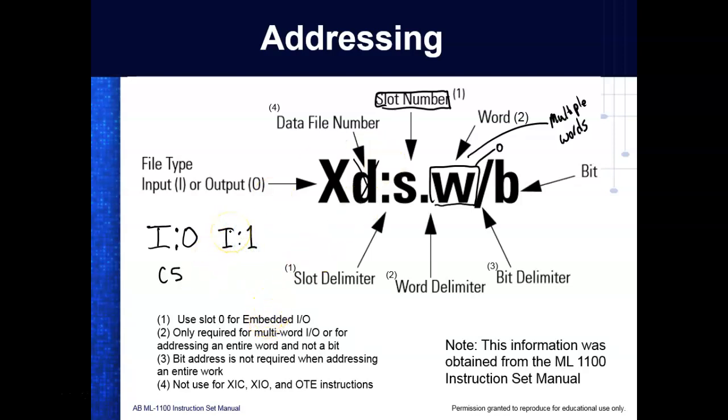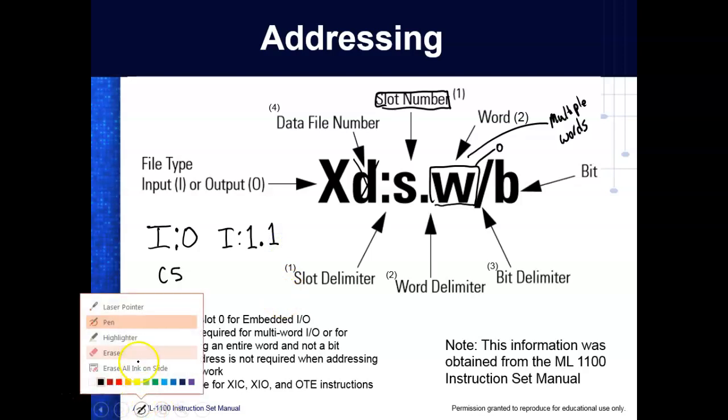Okay, we don't have to specify the file number because it's understood for inputs and outputs. If this was a counter or an integer file, we'd have to put the file number on there. Then I would come over here, and then I would do what? Well, if I had a 32-bit module, I might have to put a 1 there, right? You understand? But I don't have a 32-bit module. It's only a 16-bit module, so that's understood.